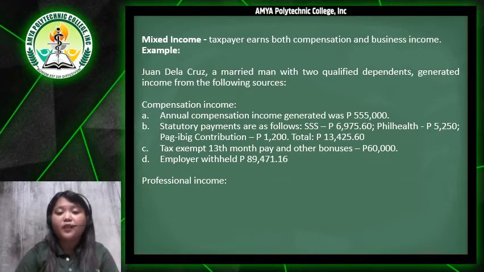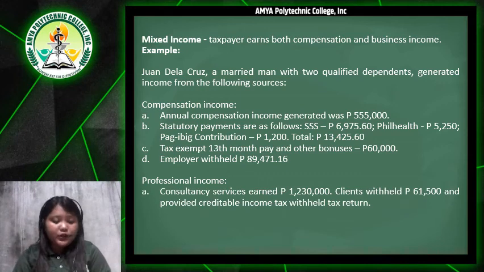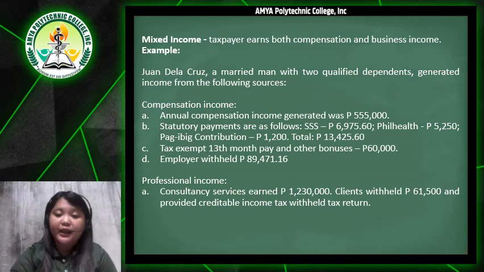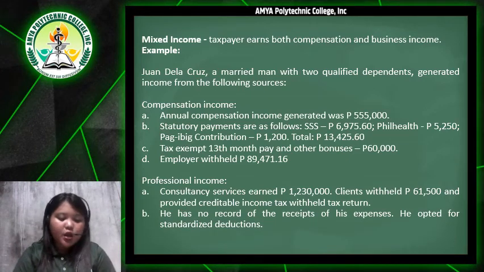For the professional income, the consultancy services earned 1,230,000 pesos. The clients withheld 61,500 pesos and provided a creditable income tax withheld certificate. He has no record of the receipts of his expenses, so he opted for standardized deductions.